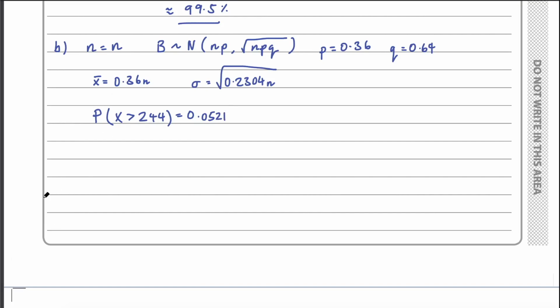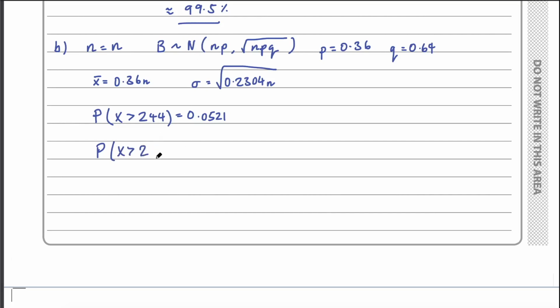And now comes an important step to remember when doing a normal approximation of a binomial distribution: the continuity correction. I've talked about this in a previous video, and if you're not sure about continuity correction, there are some great videos on YouTube about it.